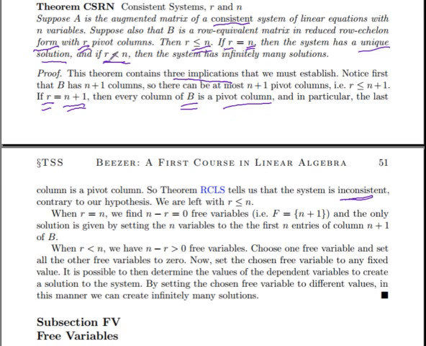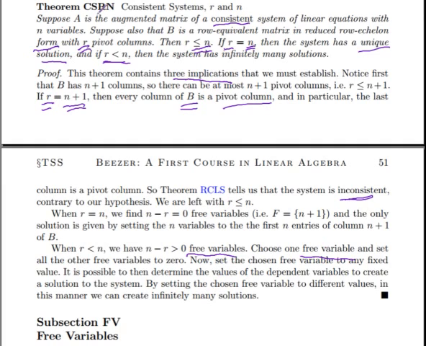All right, now we're finally getting to the third implication. If r is less than n, the system has infinitely many solutions. So if r is less than n, then we have free variables. And we've seen that we can choose any free variable to be any value you want. Once you have a free variable, there are infinitely many values that free variable can take. Each one of those values of the free variable will give rise to a different solution.